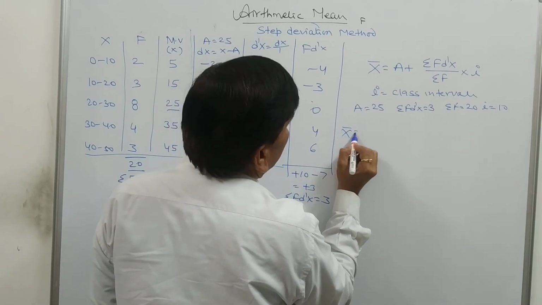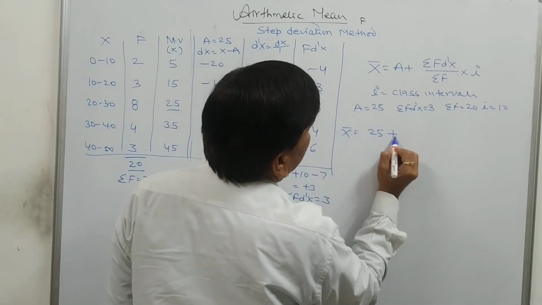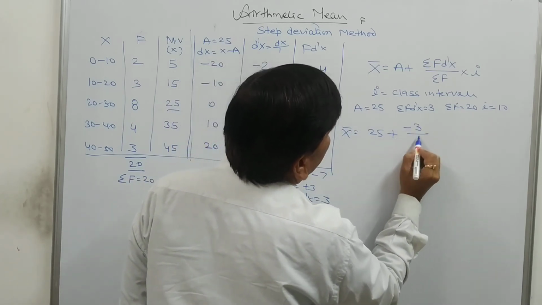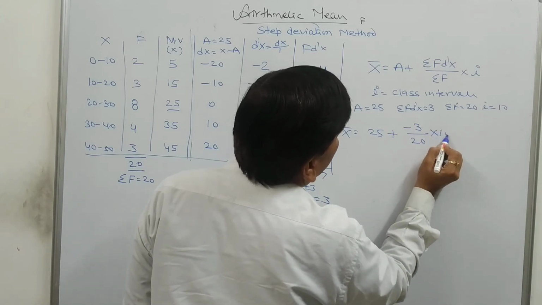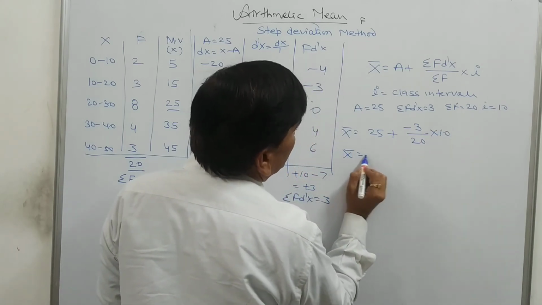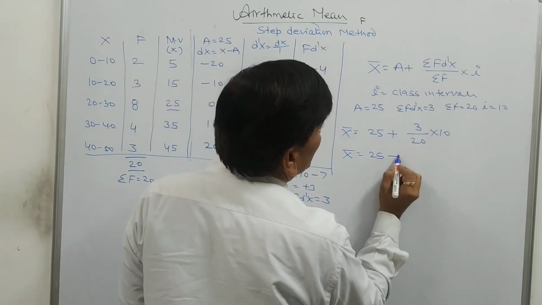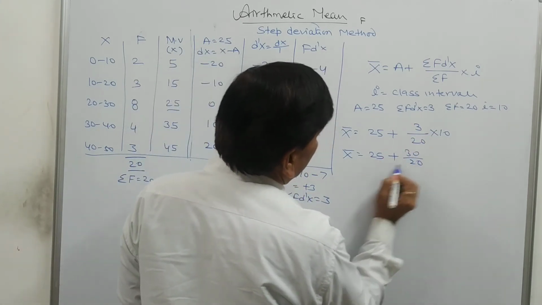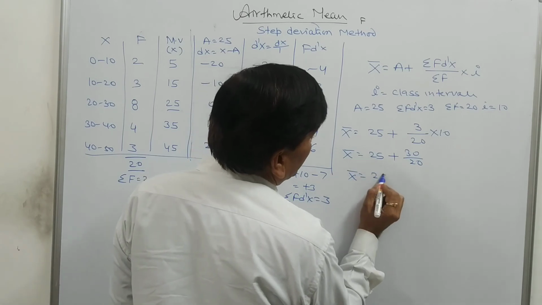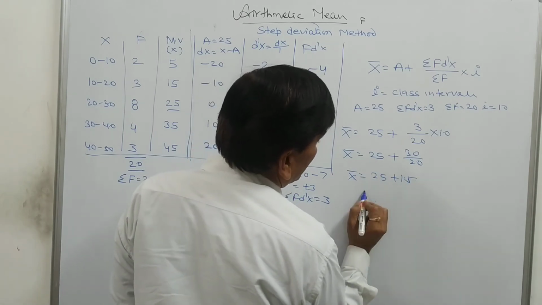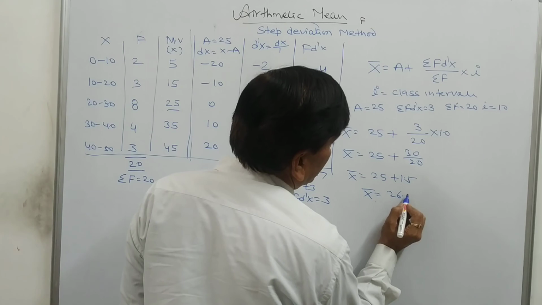So x bar is equal to 25 plus 3 divided by 20 multiplied by 10. Sorry, plus 3 is there. Plus 30 upon 20. So x bar is equal to 25 plus 1.5, so the value of x bar is 26.5.